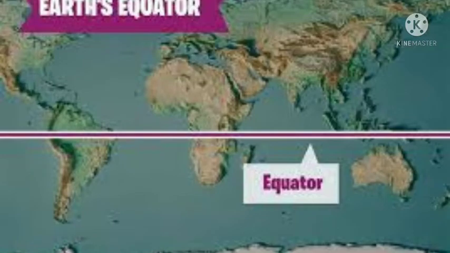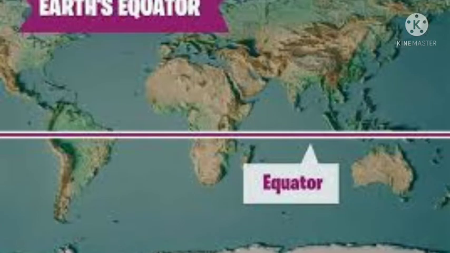Then the center of the Earth is called the equator. The line around the center of the Earth. One line in the middle, that is the equator. That is the center of the Earth. Equator means an imaginary line around the center of the Earth.